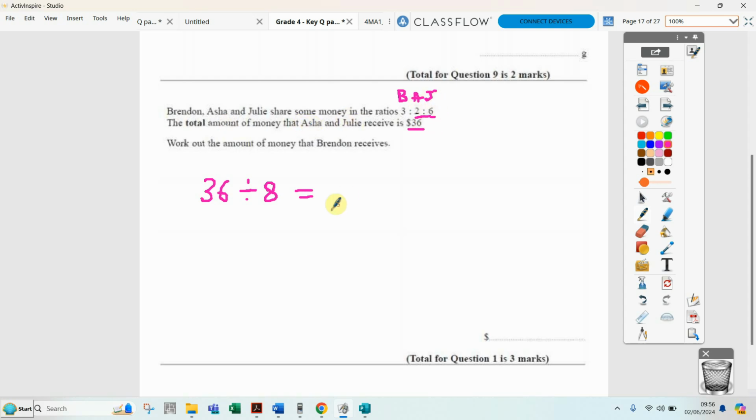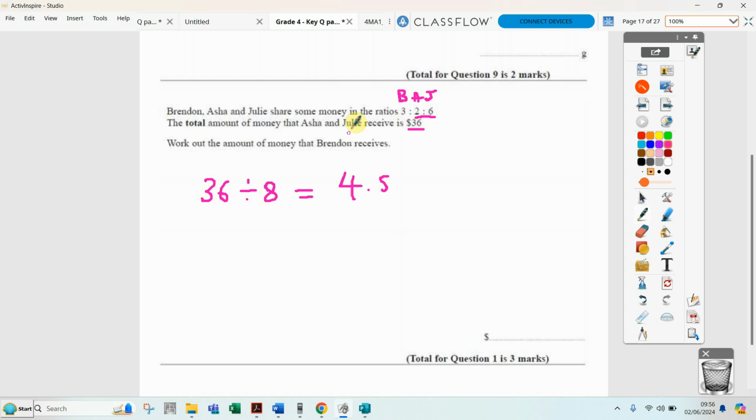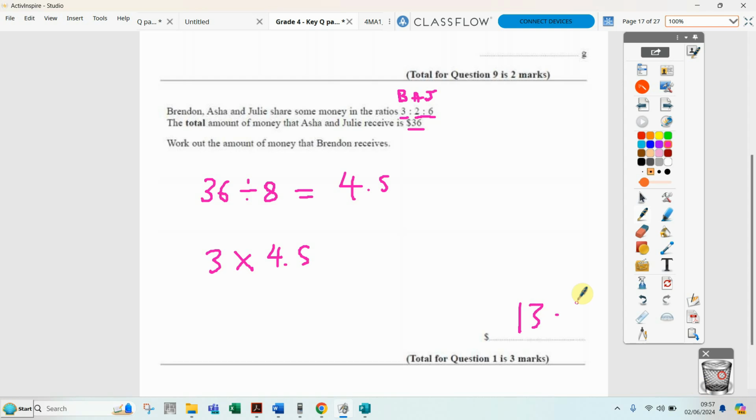So that's why I've added 2 and 6 together. 36 divided by 8 is 4.5. So that's one part. Brendan gets 3 parts, so Brendan gets 3 lots of 4.5. So Brendan gets 13.5 or 50.